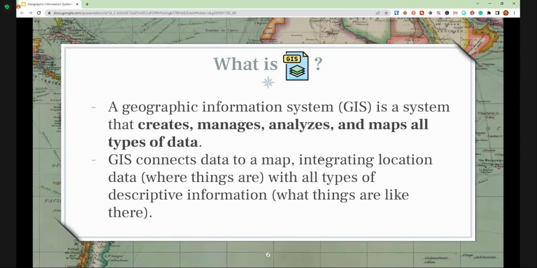A GIS connects data to the map, which integrates the location data where things are, basically the science of where, with all types of descriptive information, basically what things are like there. Later on, you will see a lot of examples as to how we can display data using maps and how things have evolved, from early 2000s to early 2010s and how GIS is being used right now. There are a lot of very interesting use cases of how we're using GIS in our everyday lives.